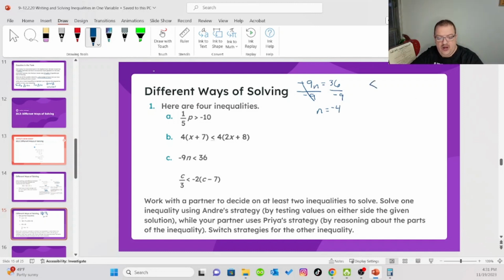So we know where we're going to put the dot on our number line. We only have less than, not or equal to, so we are going to center this at -4 with a hollow circle.